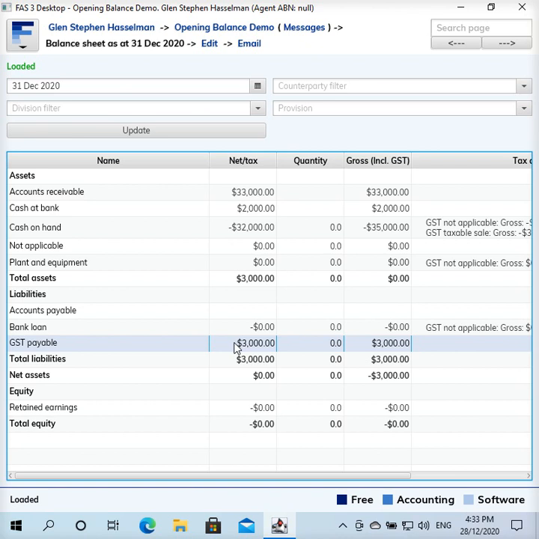Okay, so why don't we just go and enter that now, and when you do this, you'll have to note from wherever you're getting these opening balances from what your GST payable is at this stage versus what you actually want it to be in the end.